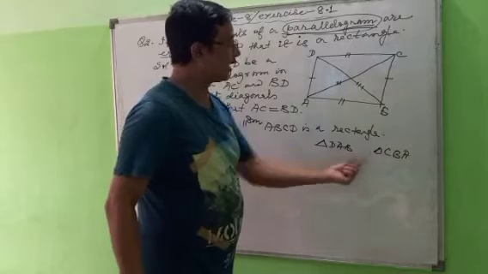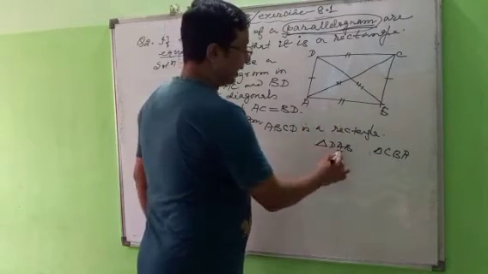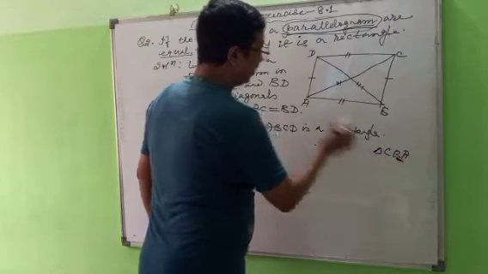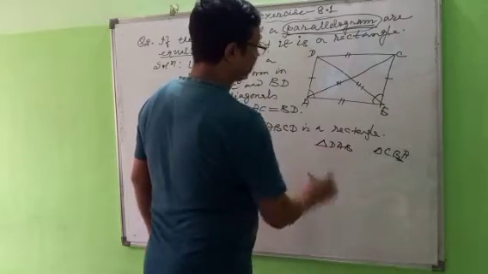By making these two triangles congruent, you will get that angle A corresponds to angle B, which means these two angles will be equal. How? Let us now see.